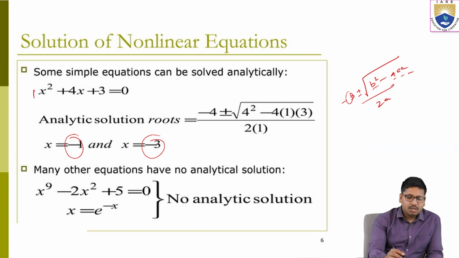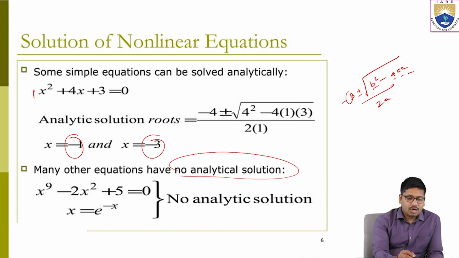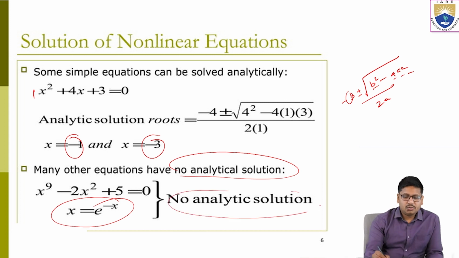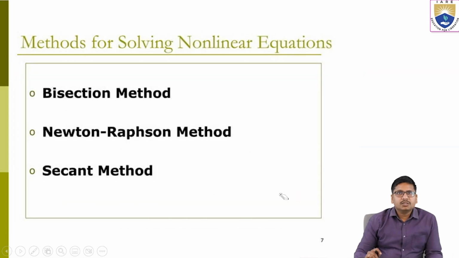Some other equations may not have any analytical solution. Let it be x to the power 9 minus 2x squared plus y equal to 0, or x equal to e to the power minus x. What is the solution for this kind of nonlinear equation? There is no analytical solution for such problems.